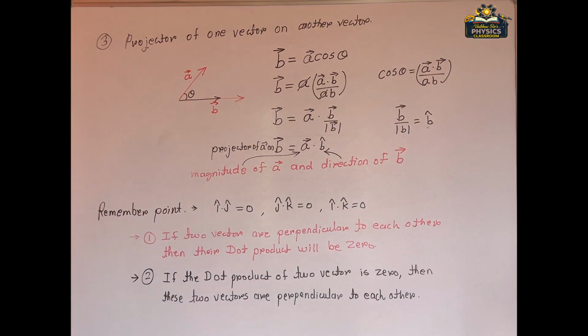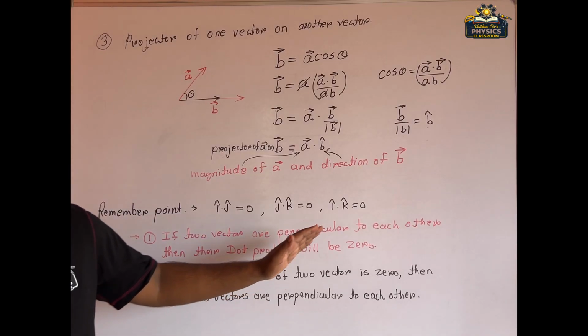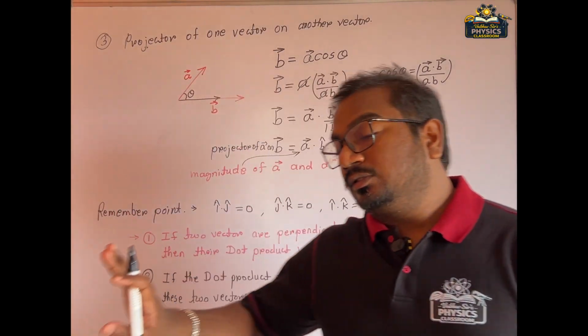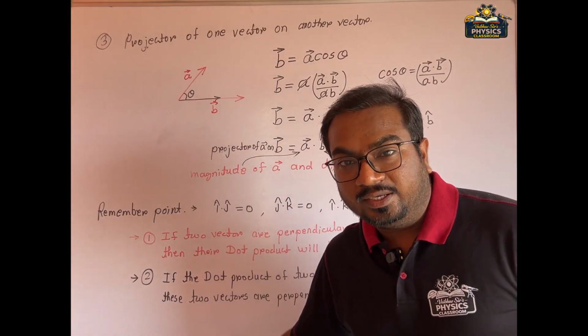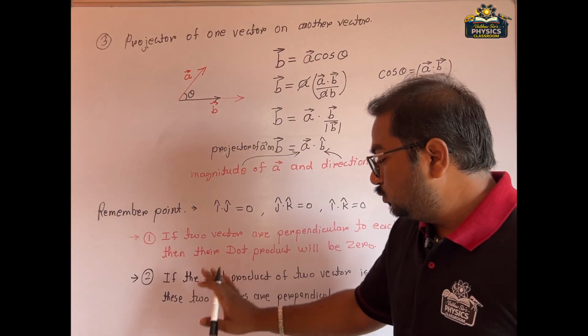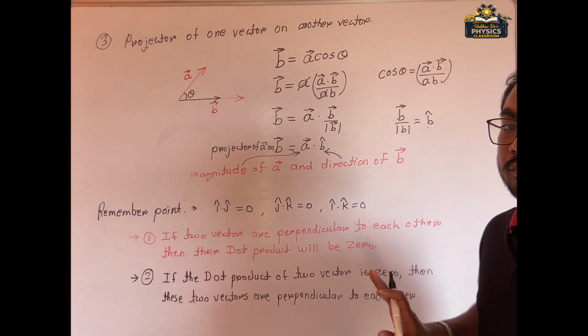If two vectors are perpendicular to each other, then the dot product of these two vectors will be 0. Otherwise, if the dot product of two vectors is 0, then these two vectors are perpendicular to each other.